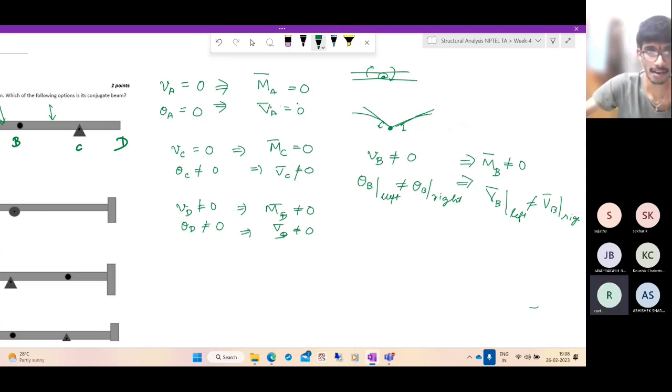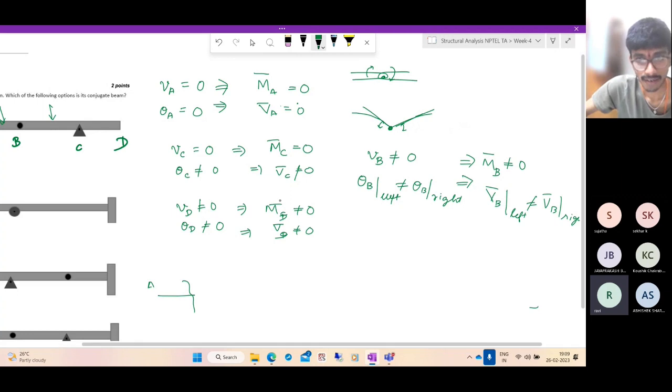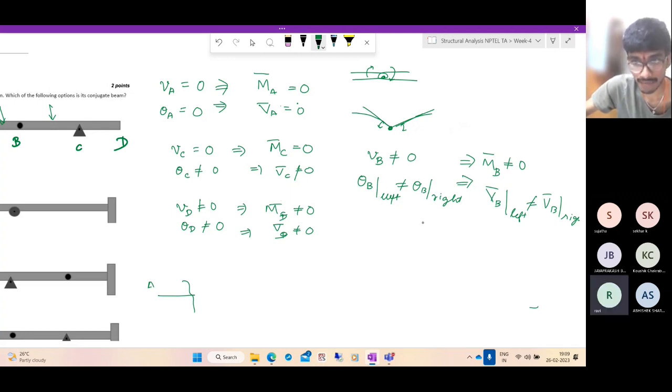So now let us draw the supports corresponding to each of them. At A, what makes both shear force and bending moment 0? It's a free end. So A should be a free end. And what about B? On the left side we have some shear force, on the right side some other shear force, and the bending moment is not 0.